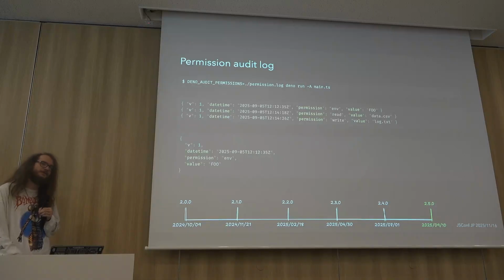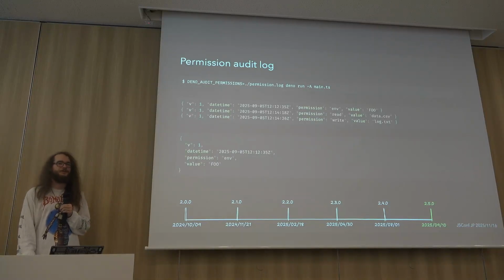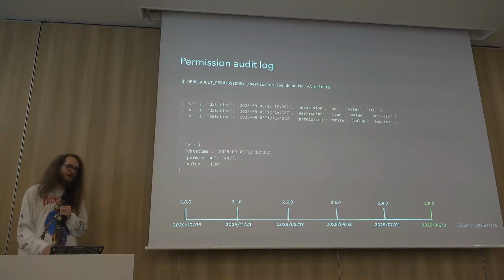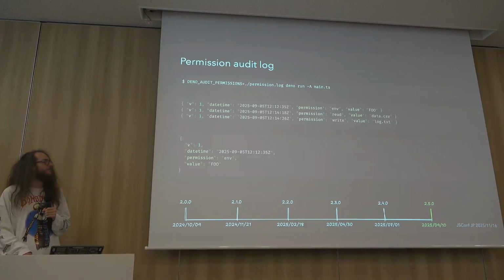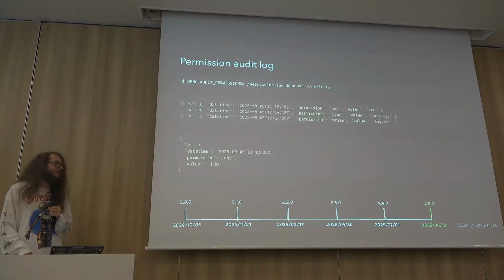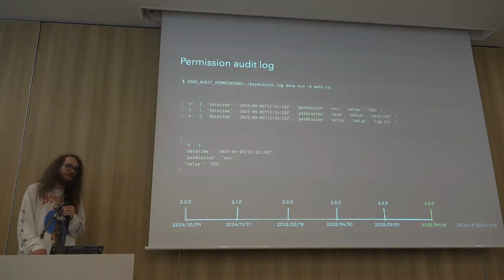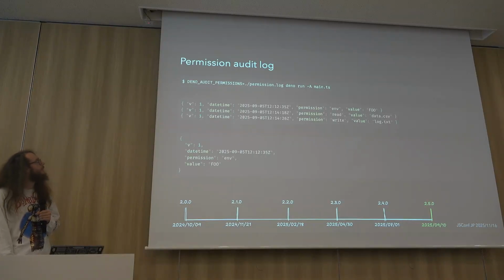So this is very useful for the case where you're, let's say, converting your Node project to Deno. And you just want to run with -A just to experiment around, see how it works. And you don't want to get all the permission prompts, but you still want to know where the permission prompts are happening. So now you can see this JSONL format which contains the datetime and what kind of permission and the value for the permission.